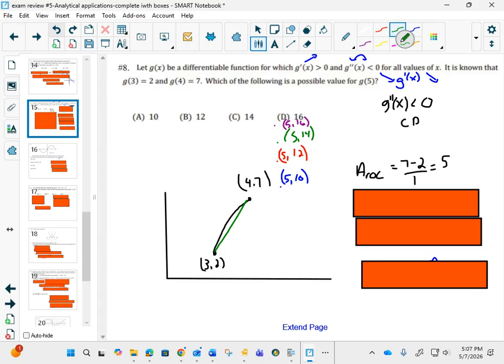If we find each of those average slopes, we know that our derivative needs to be decreasing, so it has to be less than 5.